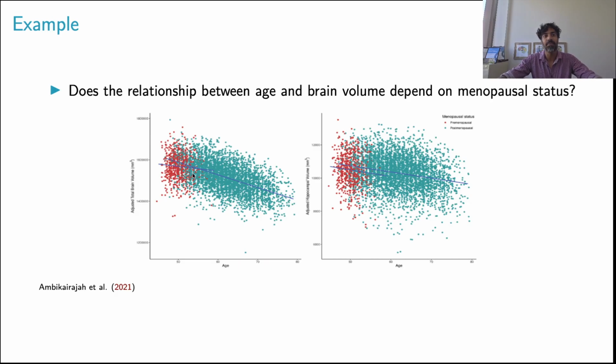So in this example, is the difference between the lines equal, or does it differ as you go on? In this case, you can see the difference between these lines differs as you go through the x-axis, as age increases. So in fact, yes, there is an interaction effect.